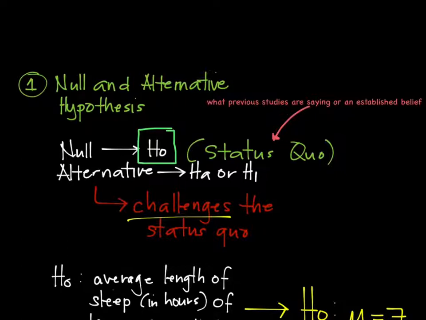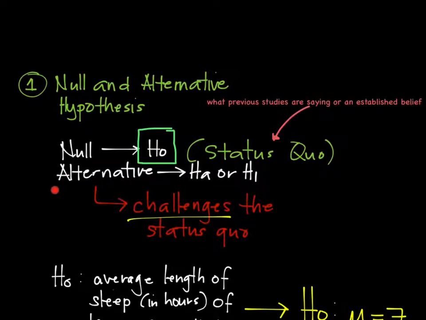Now, the alternative hypothesis is the one that will challenge the status quo. To challenge means you do not agree anymore that the average sleeping hours is 7, because you might feel that the teenagers are now getting less than 7 hours of sleep on the average. So that will be your alternative hypothesis, and this is the one that you want to support.